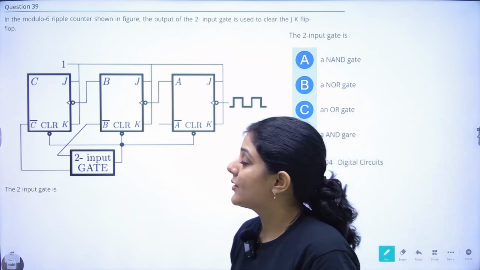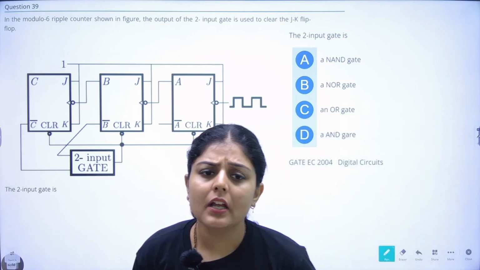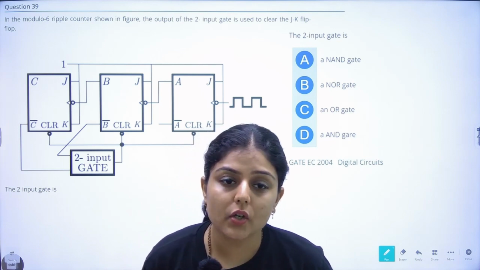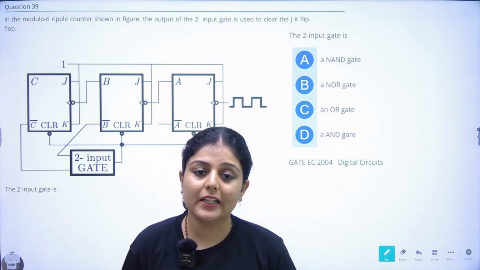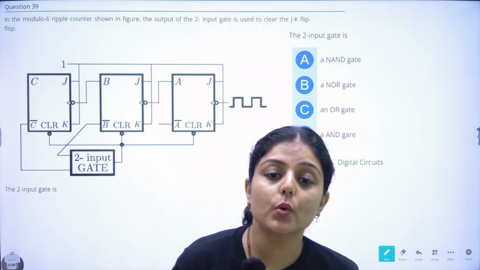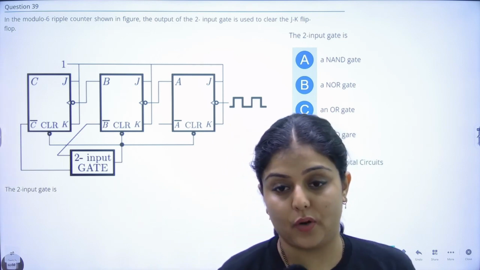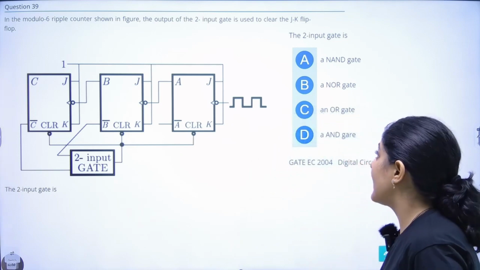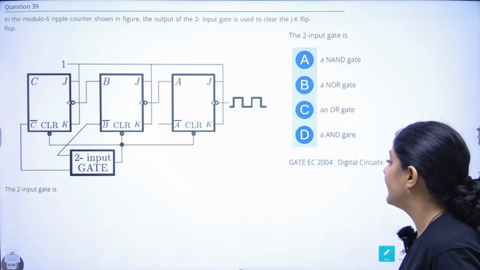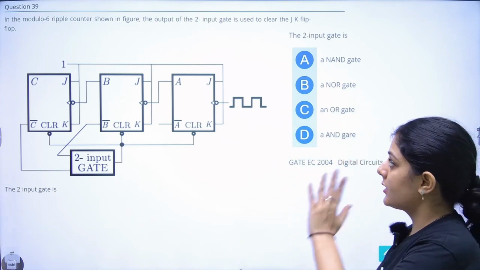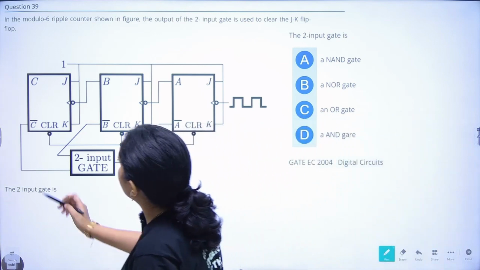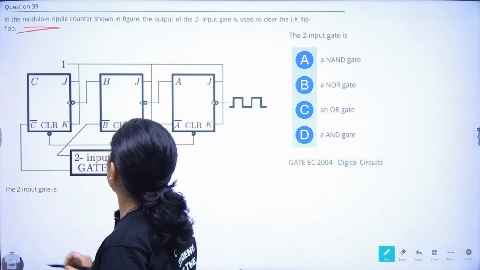Moving on to the next question. The next question is a little different, where they are saying that in a modulo 6 ripple counter shown in the figure, the output of a 2 input gate is used to clear the JK flip-flop. Right? They are asking you to find out that gate. First thing first, what type of mod is given? Mod 6.